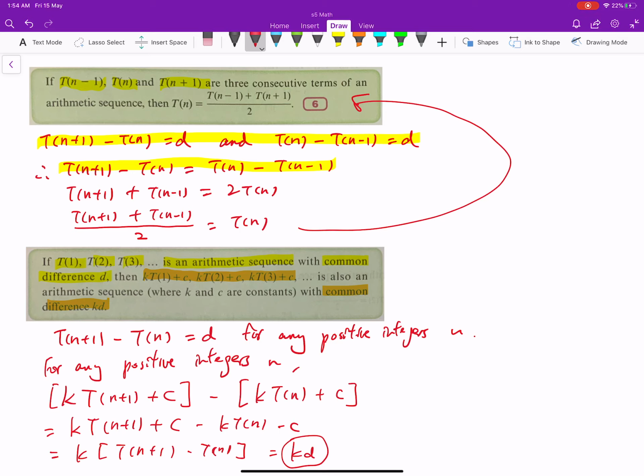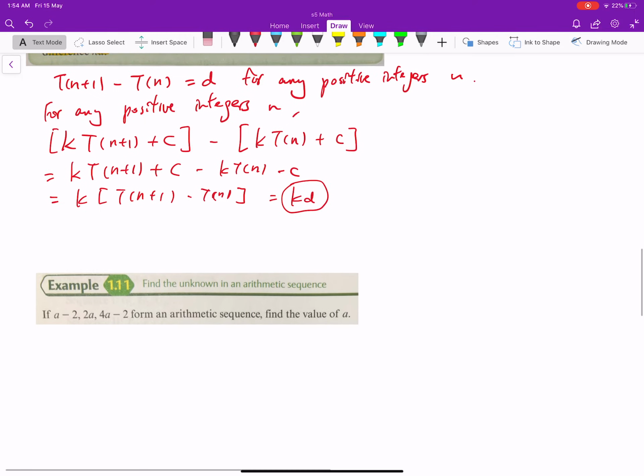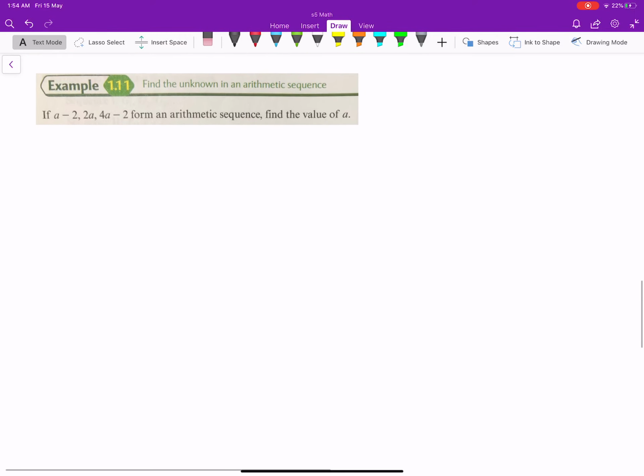Okay, so we get the proof of these two properties, and now we just do the last example by simply using one of the properties. Now we have 3 terms and they form an arithmetic sequence. Bear in mind, look at the questions carefully, and then we find the value of a. Here I just simply show you 2 methods.